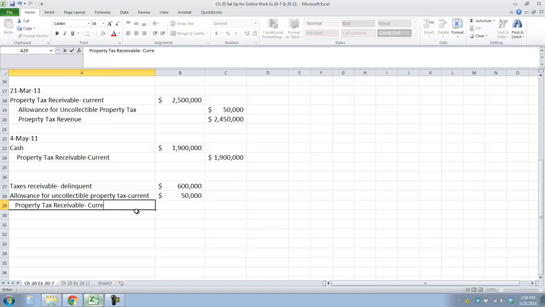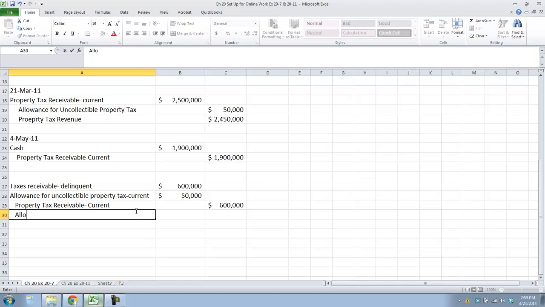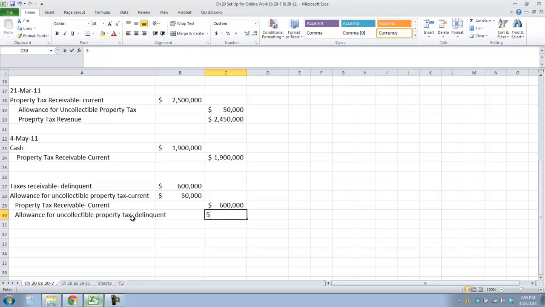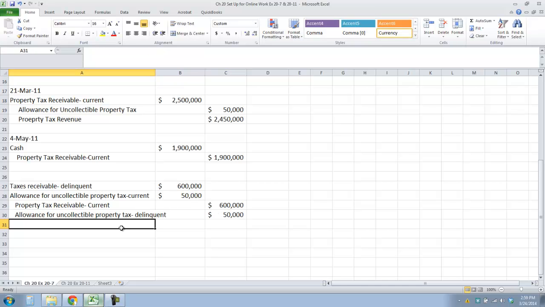We're going to remove the receivable for current taxes. And we're going to remove the allowance, and we're going to add an allowance for delinquent. So now we've removed the receivable for current, removed the allowance for current, and put them as an allowance for delinquent and a receivable for delinquent accounts.